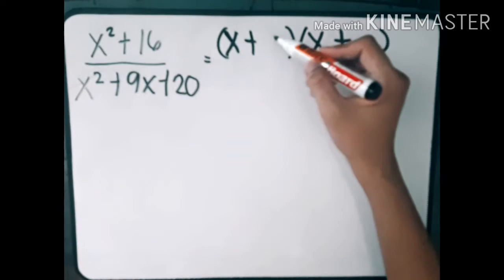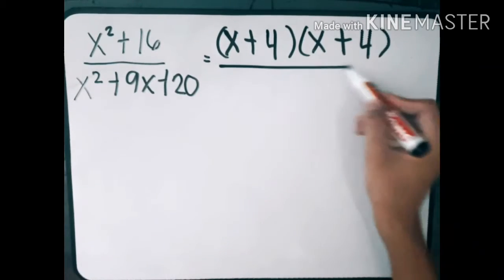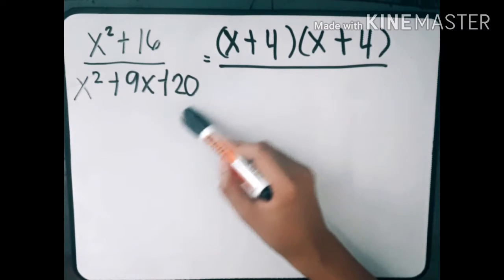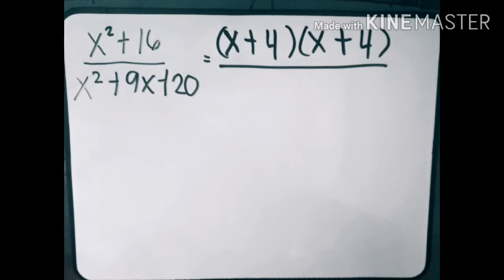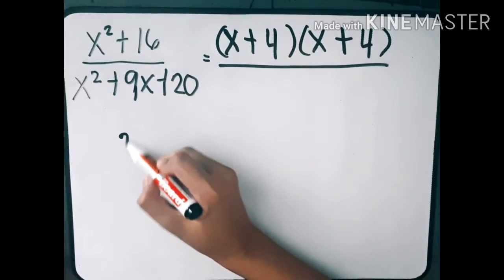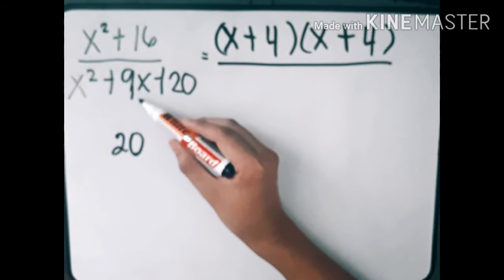Square of 16 is 4 over, ito naman is a trinomial. So, we have to think two numbers na kapag minultiply ay 20 and kapag inadd is positive 9.